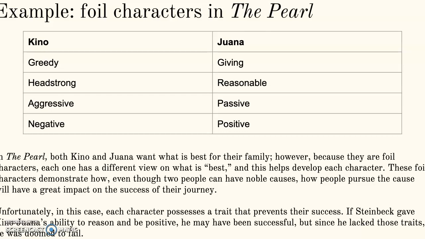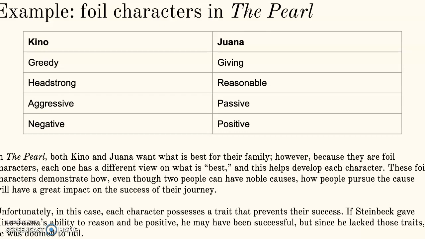Where Kino is greedy, Juana is giving. She's always doing, she's always helping, where he's always thinking about what he can get. Where Kino is headstrong, that means stubborn, Juana's very reasonable. She's thinking about all the different sides of things. Where Kino is aggressive, right? He attacks everyone who tries to take the pearl, but he also attacks her.